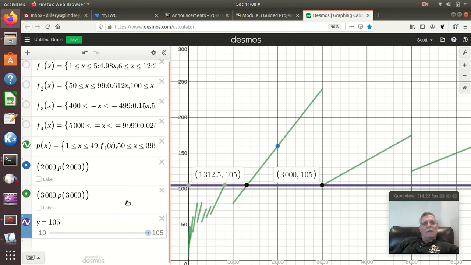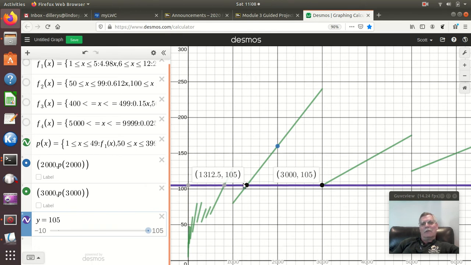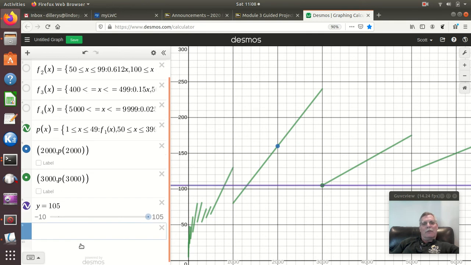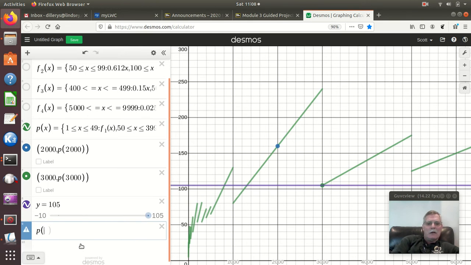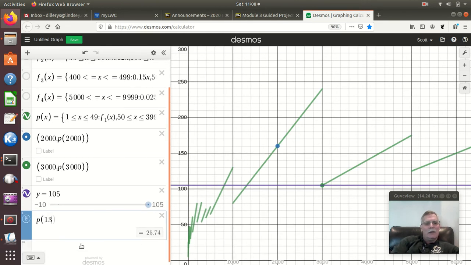And so what I have here is that this tells me that if I want to order 1,311, so P of 1311, that is $104.88. So that's just a little bit under $105.